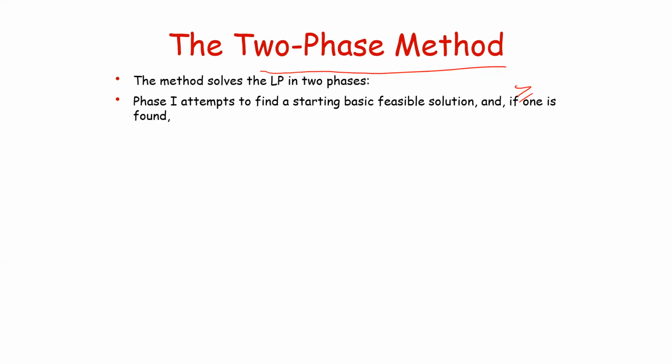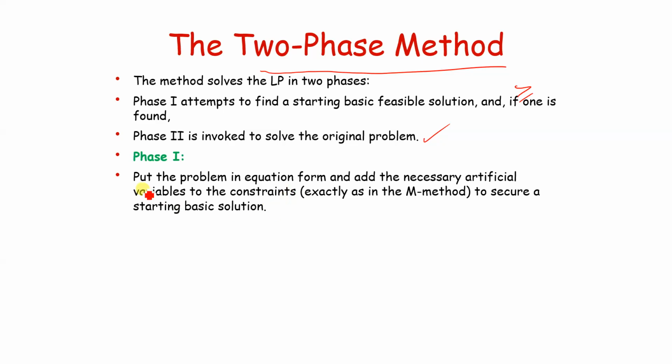In this phase, we minimize the sum of artificial variables to achieve an initial basic feasible solution for the original problem. If we can eliminate the artificial variables by the end of phase one, then we move on to phase two. This phase is invoked to solve the original problem, where we apply the regular simplex method to find the optimal solution.